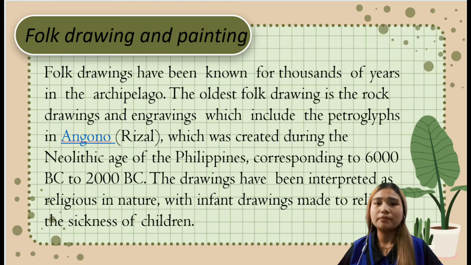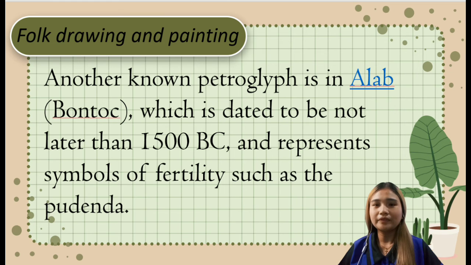The drawings have been interpreted as religious in nature, with infant drawings made to relieve the sickness of children. Another known petroglyph is in Alab, Bontoc, dated to not later than 1500 BC, and represents symbols of fertility such as the pudenda.